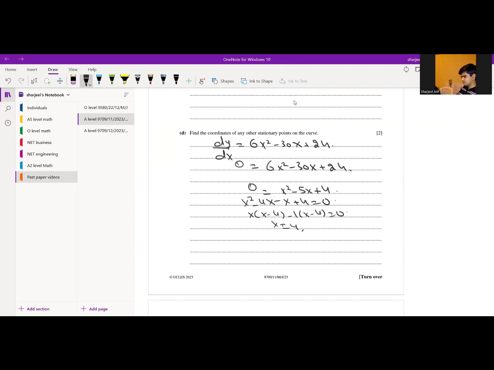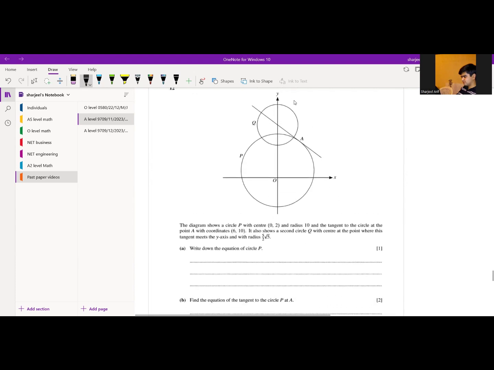So the two values of x are 4 and 1. 4 is already given, so the other stationary point would be when x equals 1. Substitute it in y equals x cubed minus 15x squared plus 24x plus 1. You will get the value of y, that will be 12. So the coordinates are 1 and 12. That's your answer.